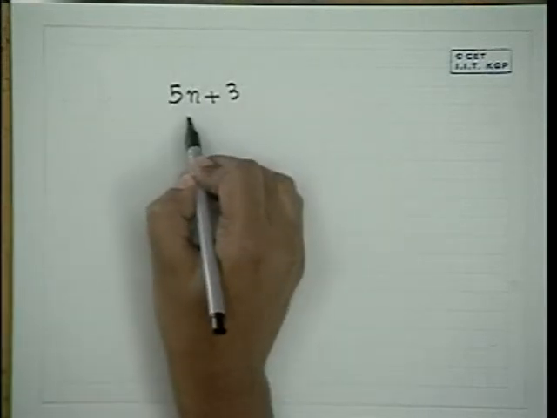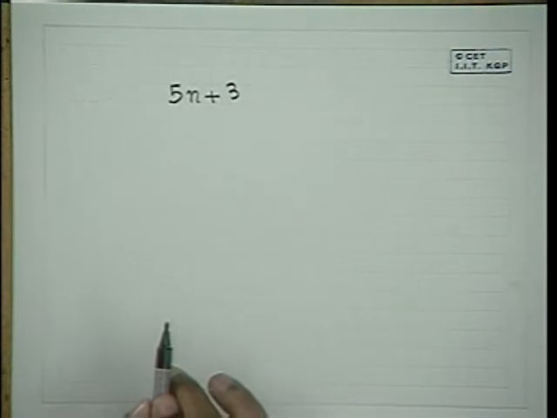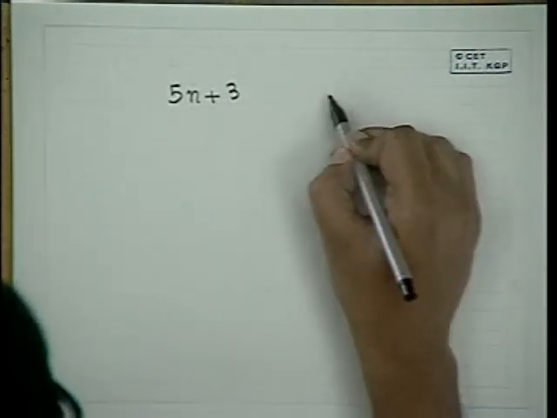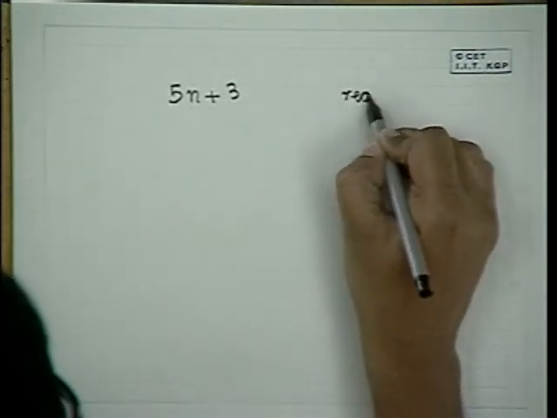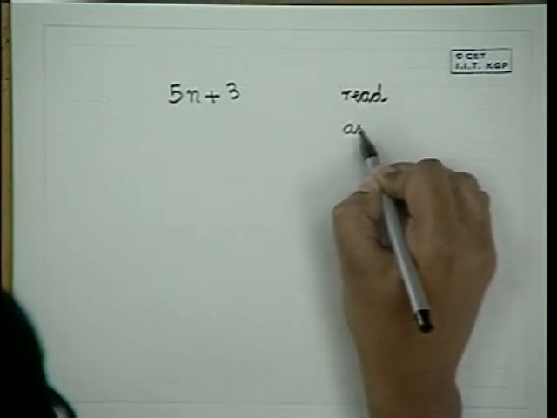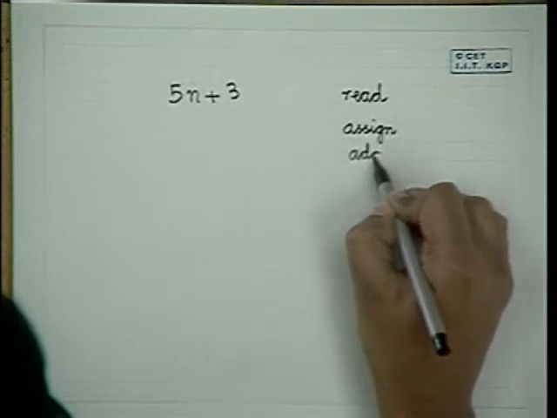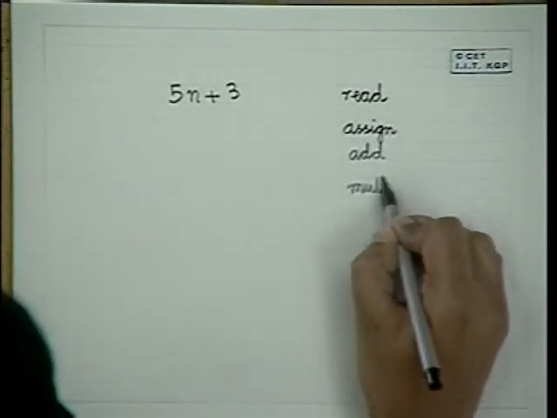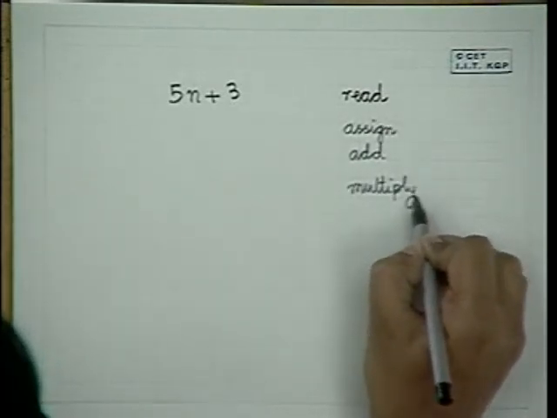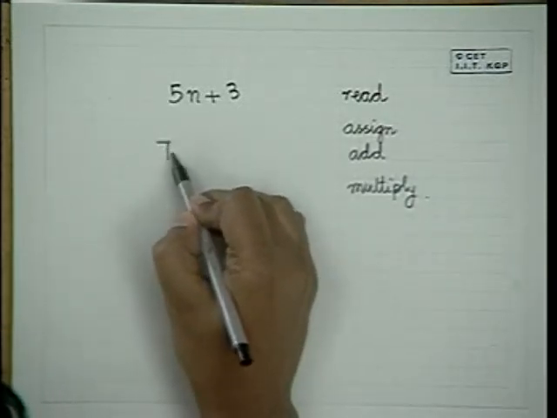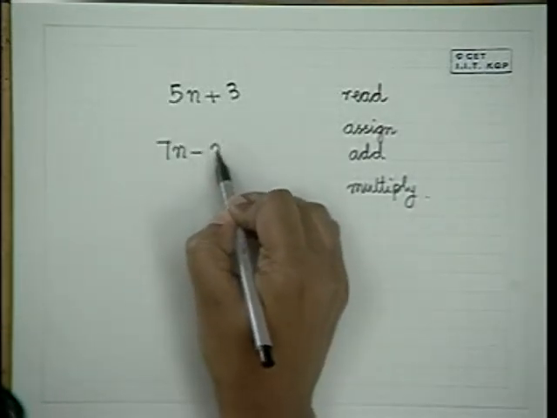How did I get this 5n? I got this by making all statements unit time. But this may consist of, say, some read statement and some assignment statements, some add statements and some multiply statements. Another program takes 7n minus 2.